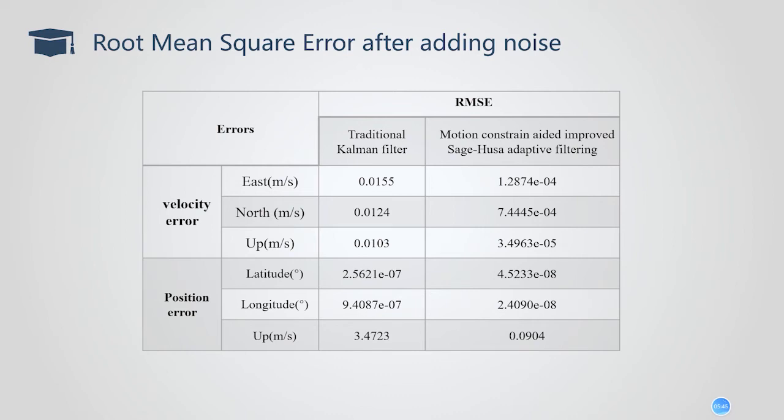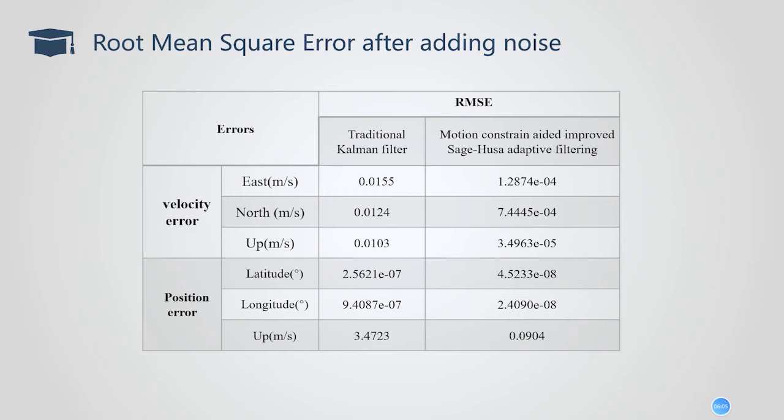Calculate the root mean square error of the speed and position of the submarine under the two methods, standard Kalman and motion constraint aid based on the improved Sage-Husa adaptive filtering algorithm, and the results are shown in this table.